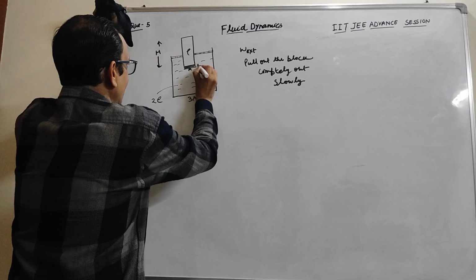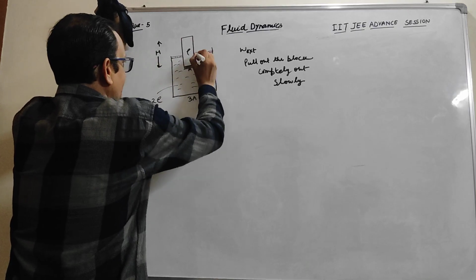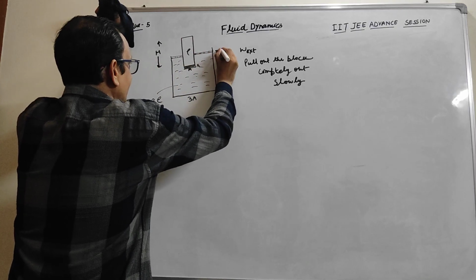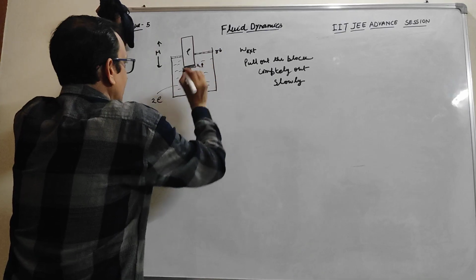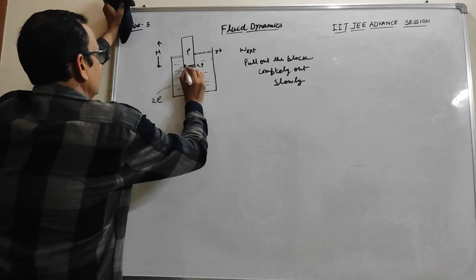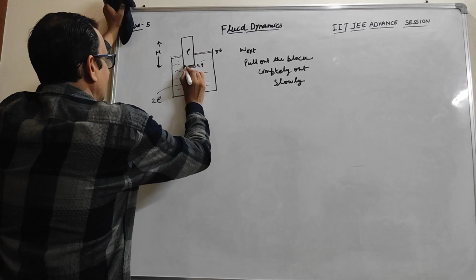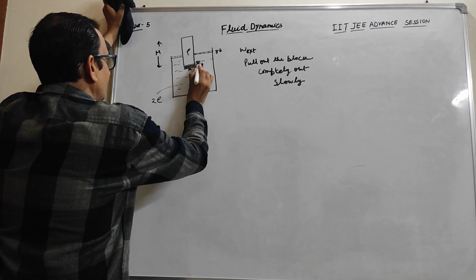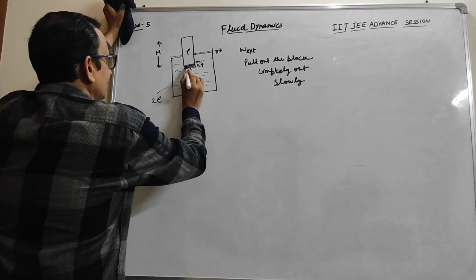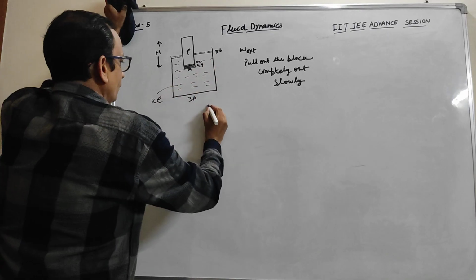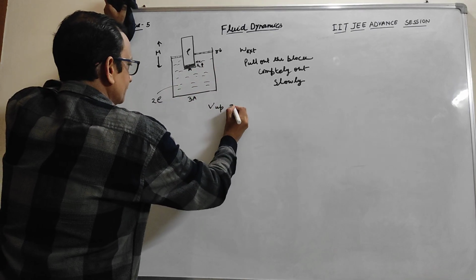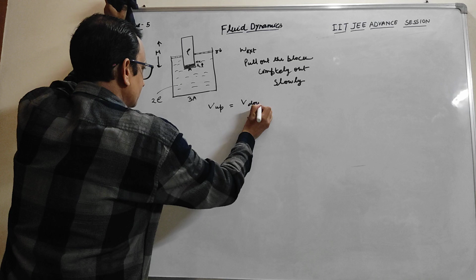Suppose the block goes up by x and the water level goes down by y, and we take a step dx for integration purposes. Volume up is equal to volume down.